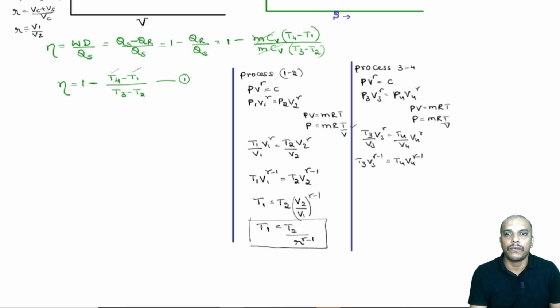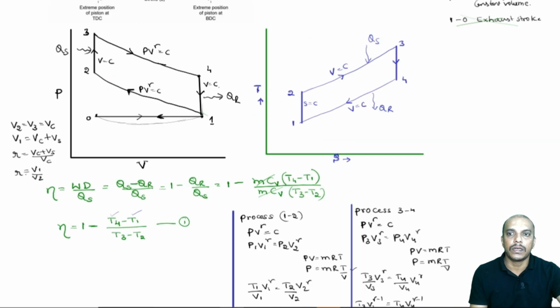We are interested in writing T4 in terms of T3, so I will retain T4 on one side. T4 is equal to T3 into V3 by V4, whole power gamma minus 1. Let me check what V3 and V4 are.